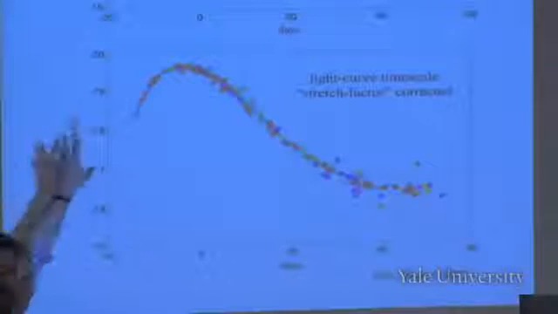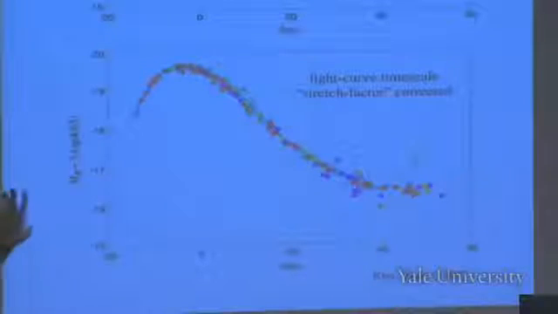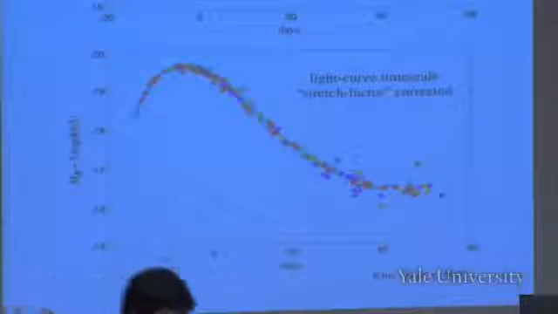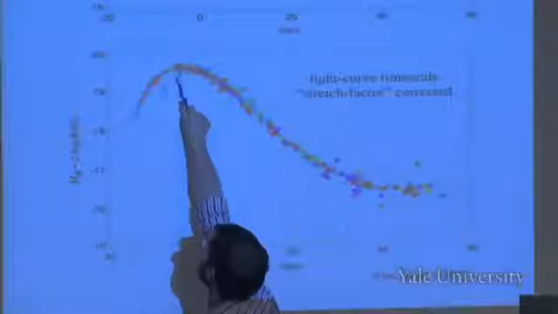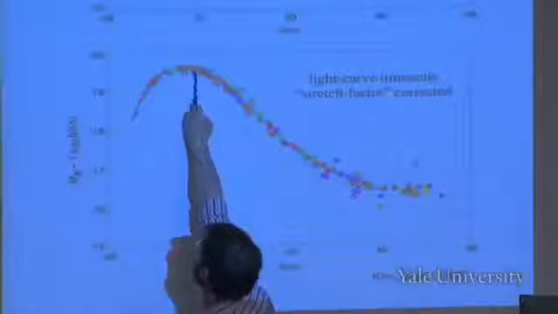So you have to make this correction in order to be able to use these things effectively as standard candles. And so when that was done, and we had calibrated this, they thought, well, now we know. Every time we see one of these things, we'll just follow it up, follow it down, make this correction, and then we know what the absolute magnitude is.